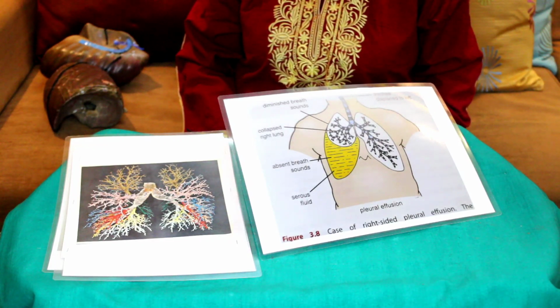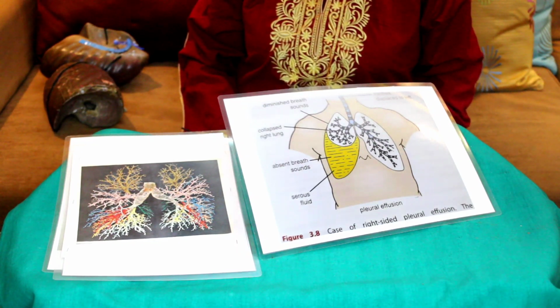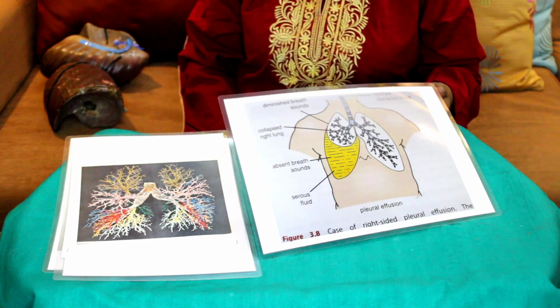Particularly in old age, when there is fibrosis of the joints and also stiffness of the muscles, there is no movement of the thoracic wall and the patient is dependent on oxygen therapy.